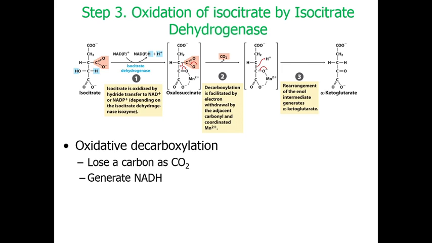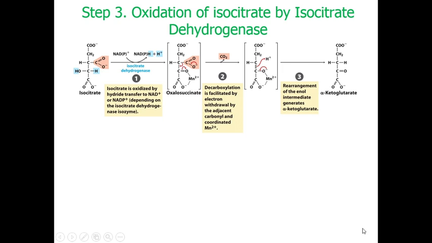Oxalosuccinate then undergoes decarboxylation and rearrangement of the enol to form alpha-ketoglutarate. The first step is the oxidation of alcohol to a ketone, and it involves a transfer of a hydride from isocitrate to NADP.